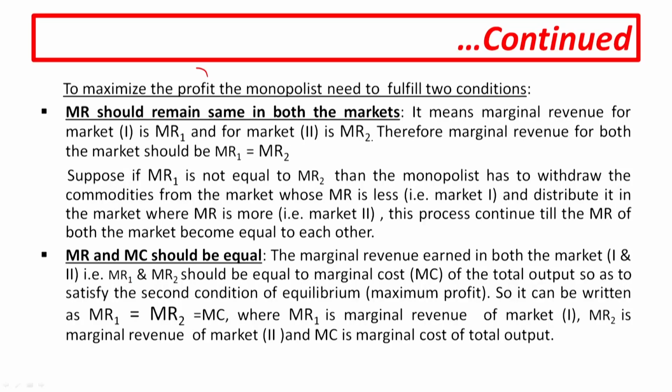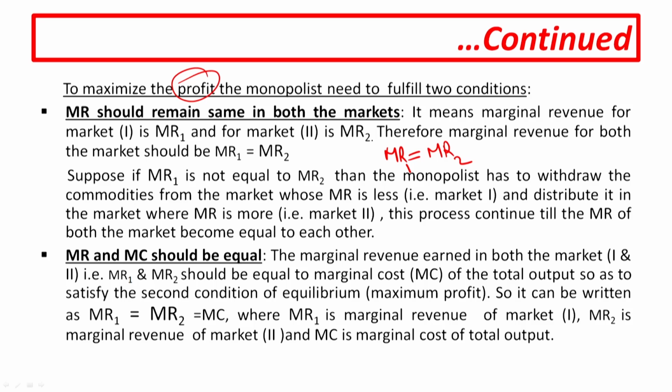To maximize the profit, the following two conditions need to be satisfied. What are those two conditions? MR should remain the same in both markets. That means MR of one market must be equal to the MR of the second market. In both markets, the marginal revenue needs to be the same.